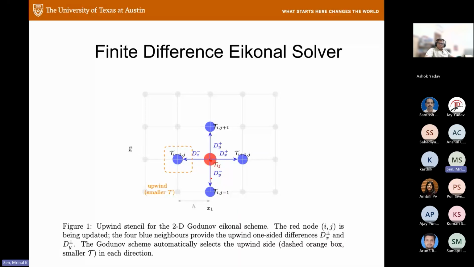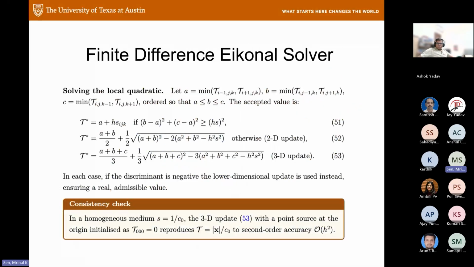So this one gives you the first arrival only, the minimum path. And this is used in many of the migration algorithms, Kirchhoff, beams, and all of that stuff. And then you can solve this local quadratic, and that gives you what the travel time would be.